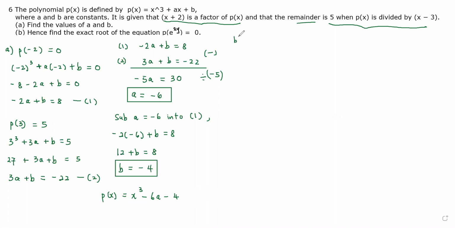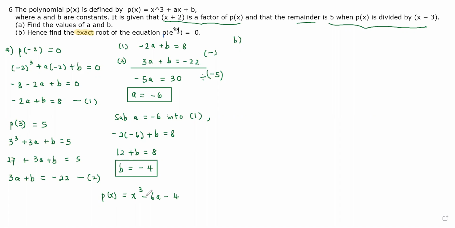Part B, we need to find the exact root. So the keyword here is the word exact root of the equation p of e to the 2y equals 0. So in order to solve for this, we need to find the roots of p of x and set it to e to the 2y, then we solve for y.